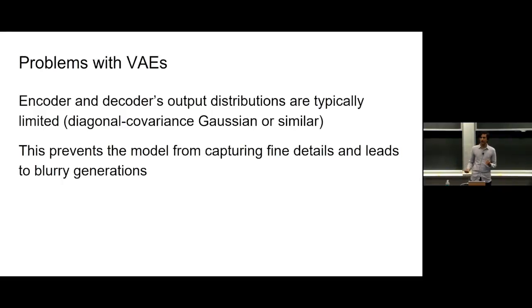They model the output of the encoder as a diagonal covariance Gaussian, and they model the output of the decoder in the same way, conditioned on the output of the encoder. And the problem with these restricted families of distributions is that they're not able to capture all of the fine detail in images, and oftentimes you get generations that look really blurry like this.